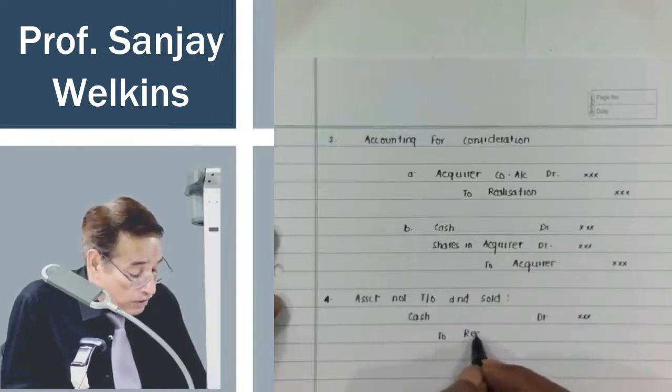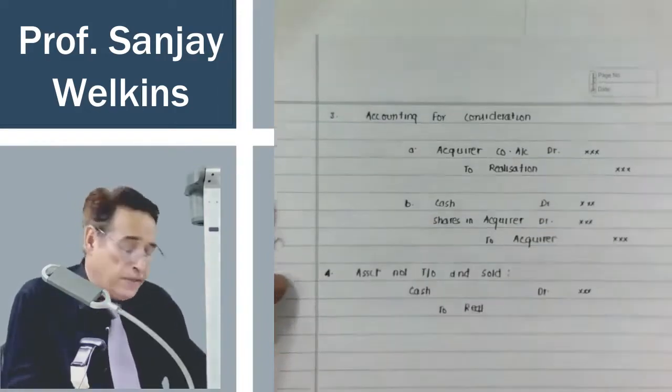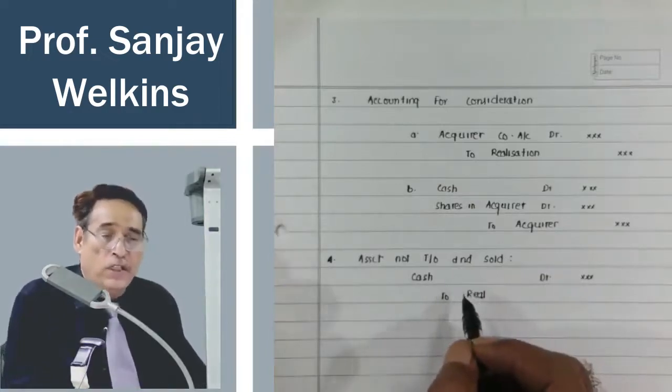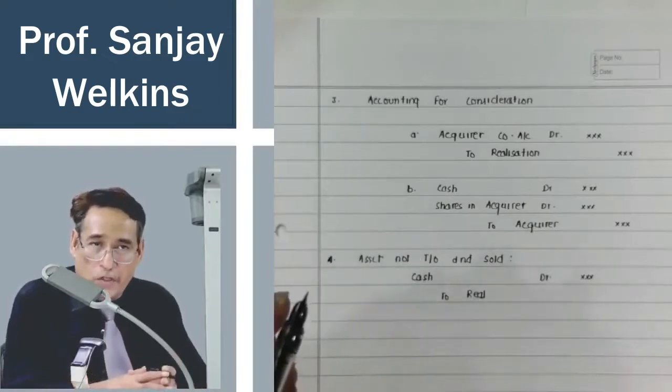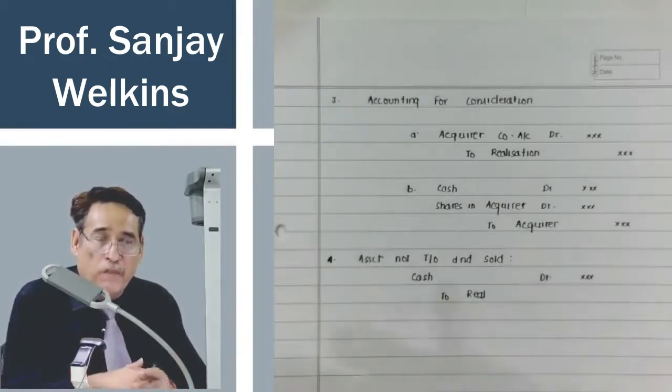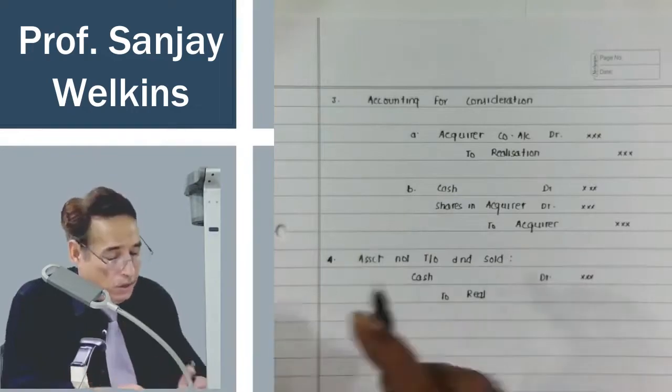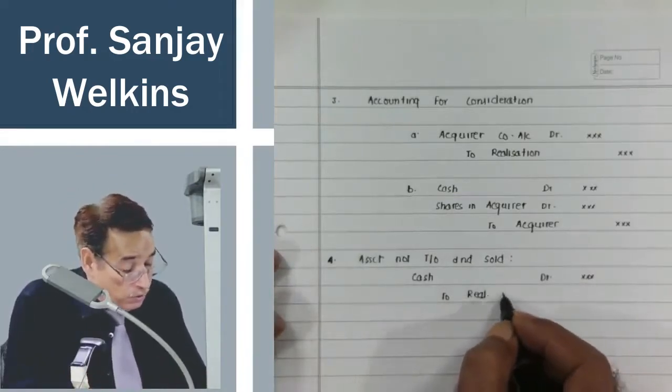Don't write to asset account, because you have already closed that asset by transferring it to the debit side of realization account. I have already told you whether any asset has been taken over or not, that must be transferred to the debit side of realization account, isn't it?